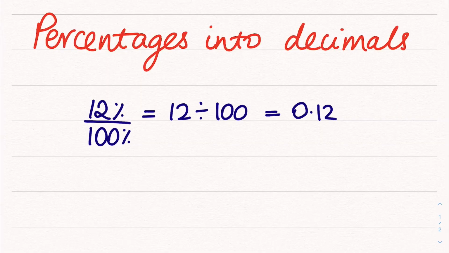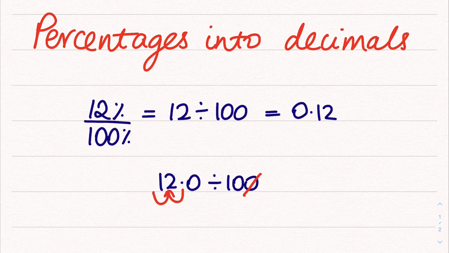Now, another way we can do this without using our CAS is to look at our decimal place. We have our percentage of 12, which is actually 12.0, and then we divide that by 100. When we divide something by 100, we move our decimal place for each zero that we have, so we move it 2 decimal places.